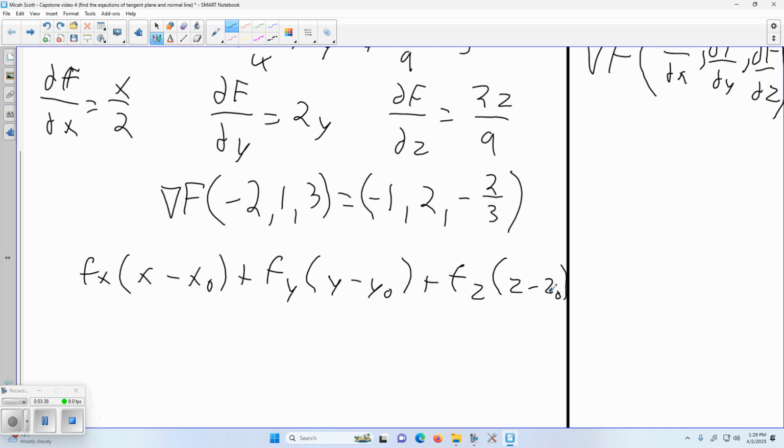So we're going to use this to find our equation of the tangent plane, and we use the following information to fill it in.